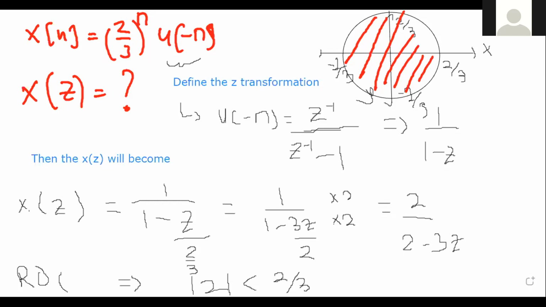So we get 2 divided by 2 minus 3z. For the ROC, we can see from the z transformation, and will define like this.